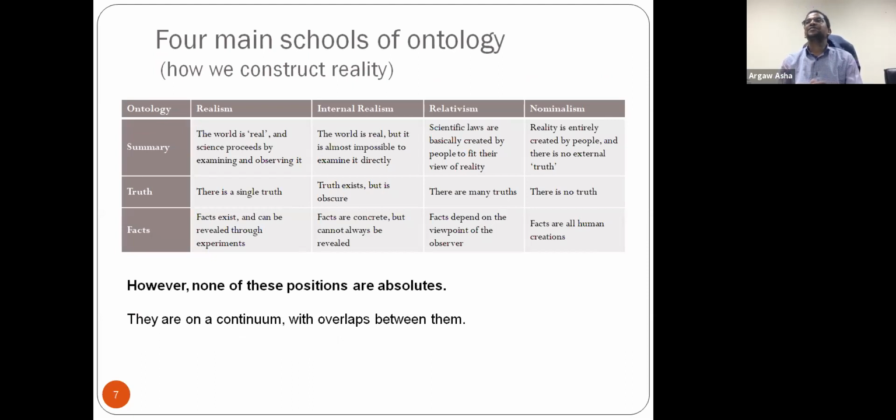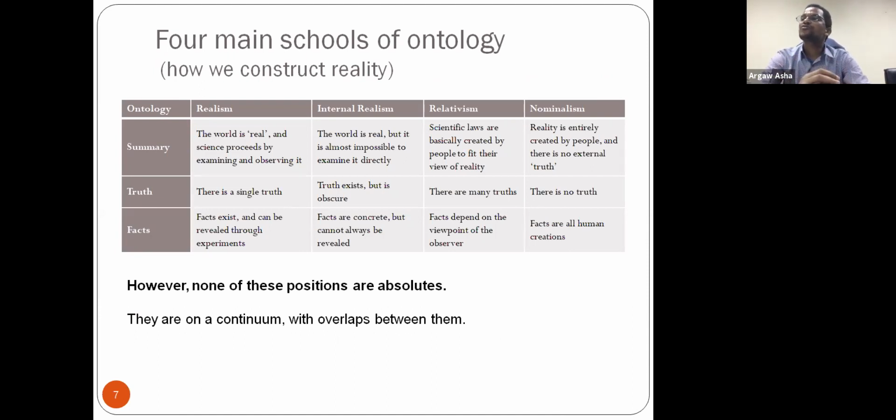When we see the case of constructing our reality, we have truths and facts, which we check for different concepts in the research case.